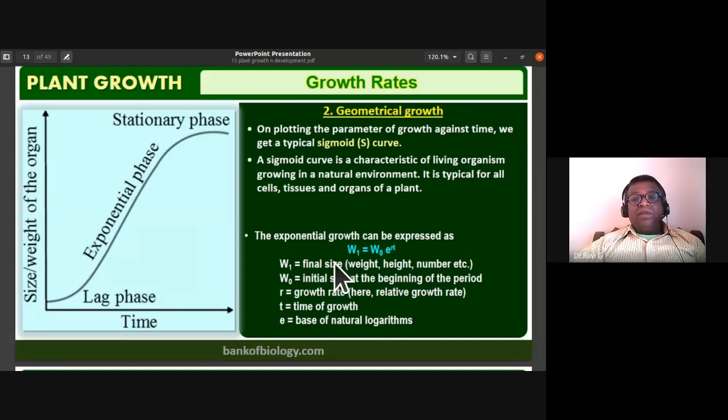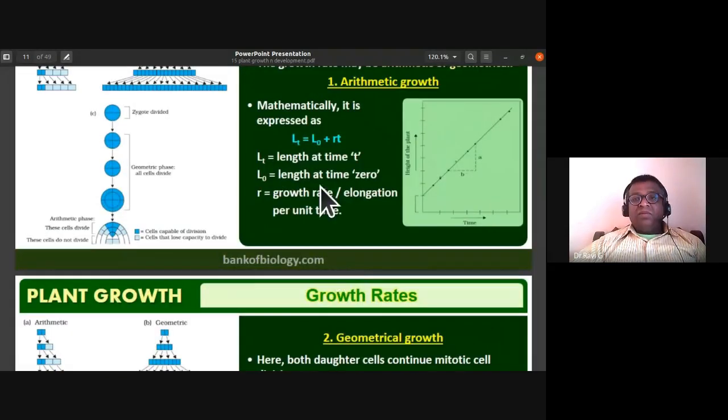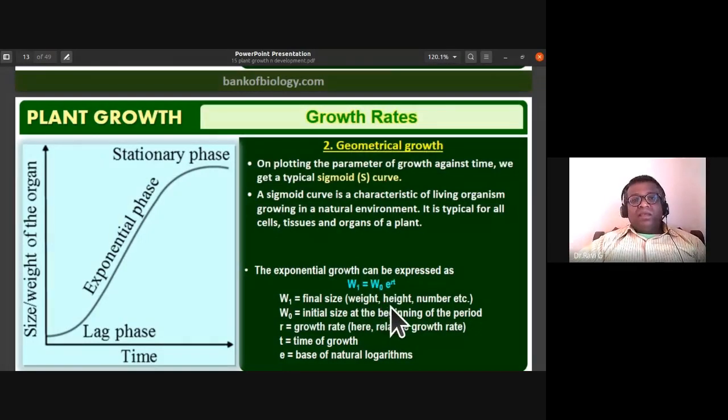The arithmetical formula was Lt equals L0 plus rt. Where W1 is the final size, which can be weight, height, or number, and W0 is the initial size at the beginning of the period.